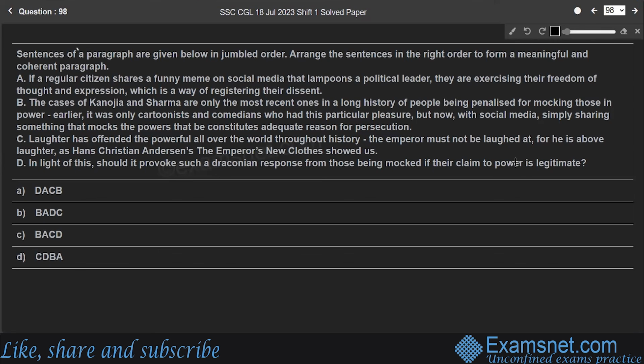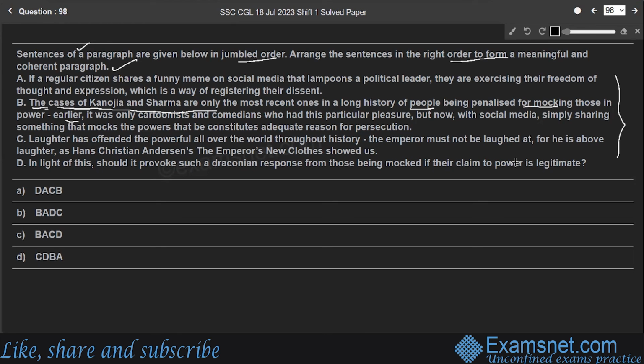Question 98. Sentences of a paragraph are given below in jumbled order. Arrange the sentences in the right order to form a meaningful and coherent paragraph. Here 4 sentences are given. Sentence B is an independent sentence, and it introduces the concept by pointing out the recent examples of journalists who have been reprimanded for mocking those in power. The sentence says the cases of Kanoje and Sharma are only the most recent ones in a long history of people being penalized for mocking those in power earlier.